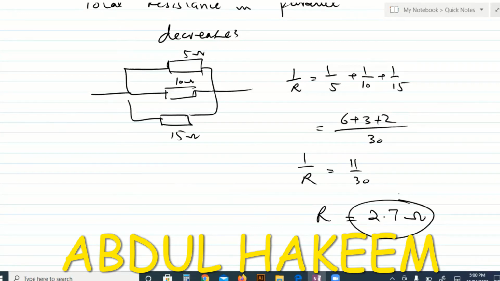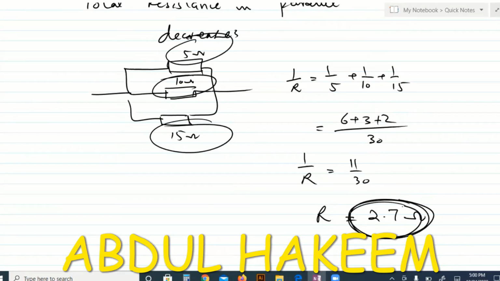Look, this 2.7 is smaller than 5, smaller than 10, and smaller than 15. Hence, in parallel, total resistance is smaller than the smallest resistance even. So in parallel, total resistance decreases.